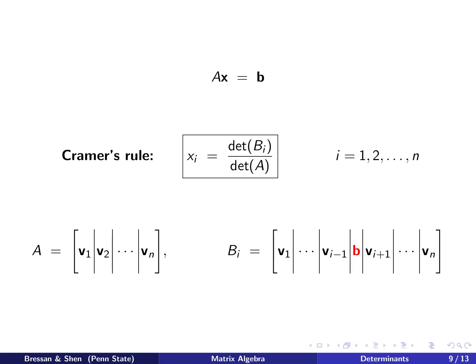And Bi is a matrix derived from A, where you take away the ith column in A and replace it by the B vector. So it's an n by n matrix.